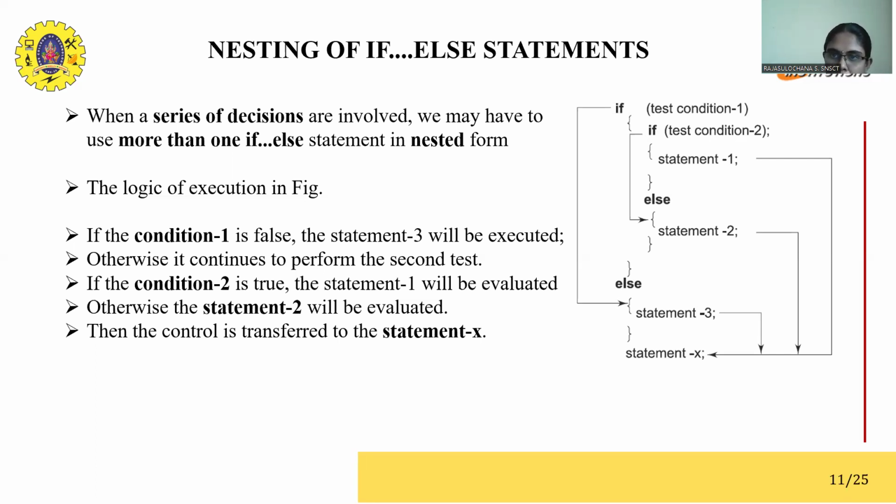Otherwise, it continues to perform the second test. In the second test, test condition 2 is evaluated. If test condition 2 is true, statement 1 will be executed. If it is false, statement 2 will be executed. If all these conditions are false, then control is transferred to statement X.